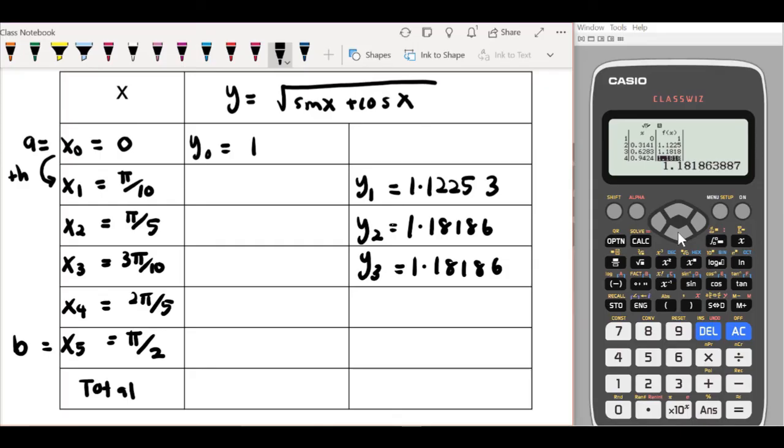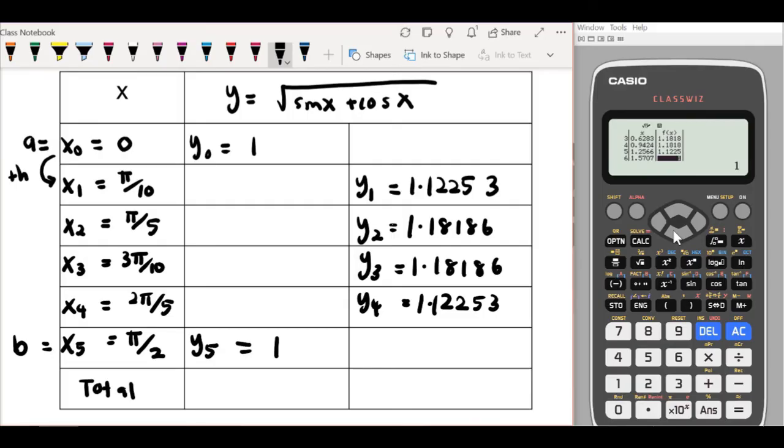Okay, next one, y4. Okay, next value from the table, so this is 1.2253. And then the last value, y5, you rewrite it back on the second column, so we have 1.